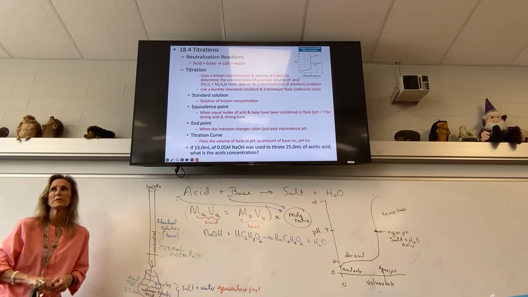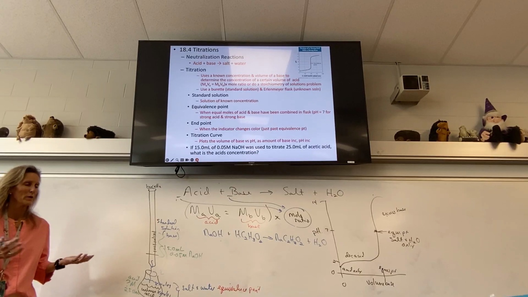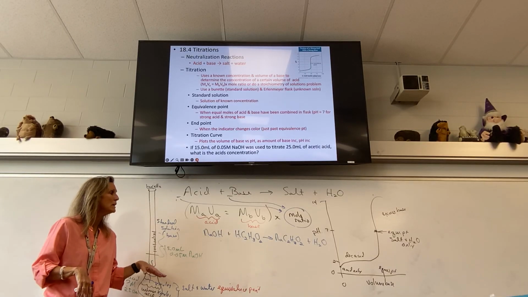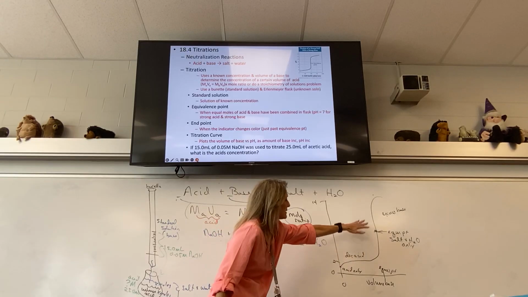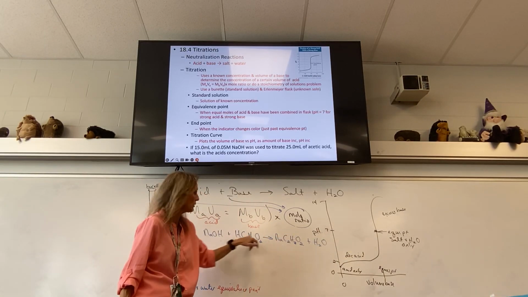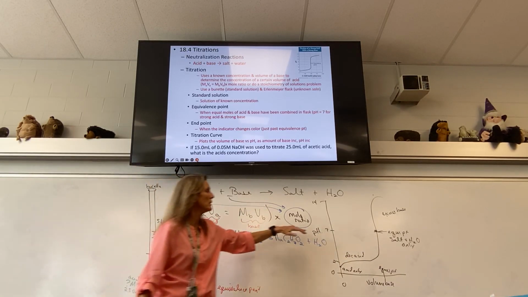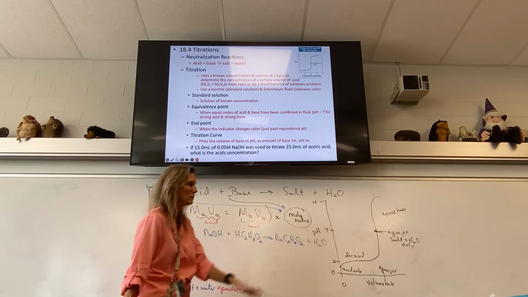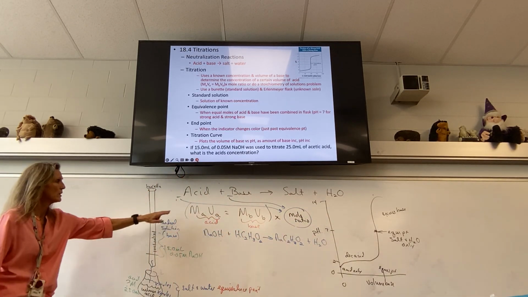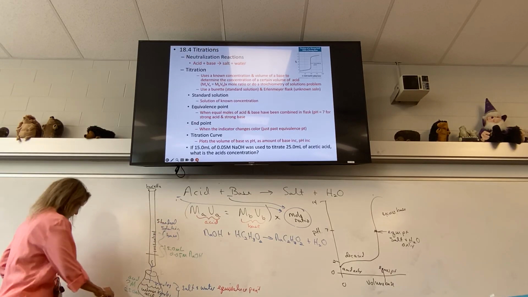Now I will say, I use this because it gets so boring always using hydrochloric acid. Technically, if we were to plot this here, because this is a weak acid, the equivalence point would be at a higher pH. You don't need to worry about that, we're just going to look at this calculation.